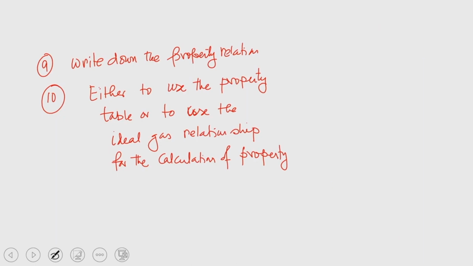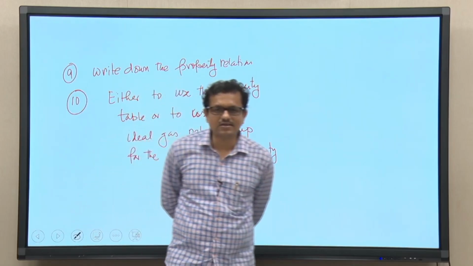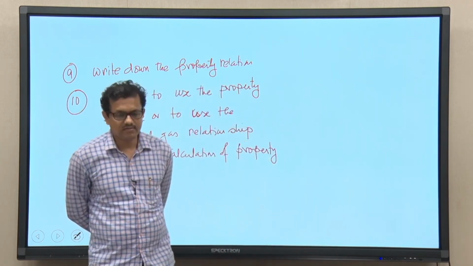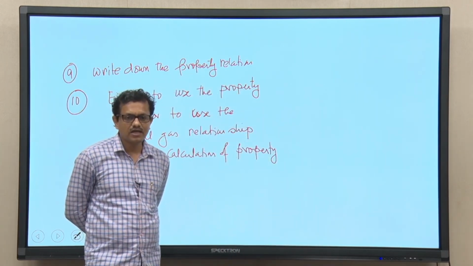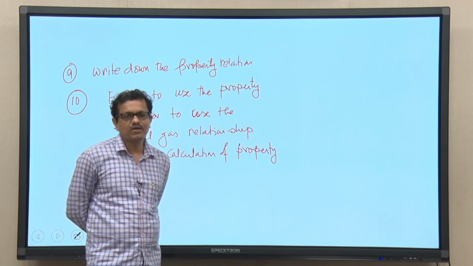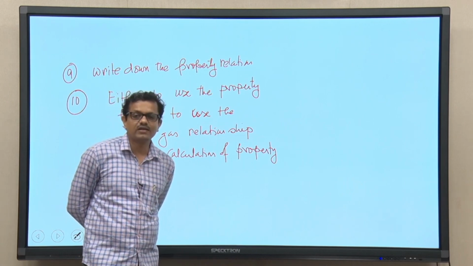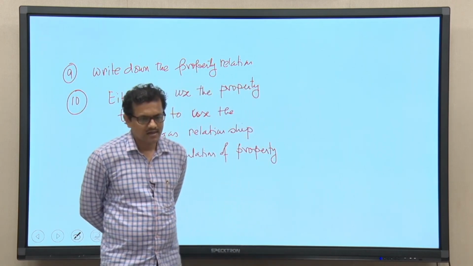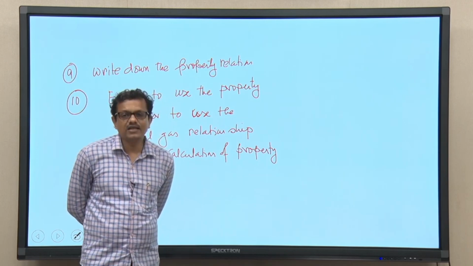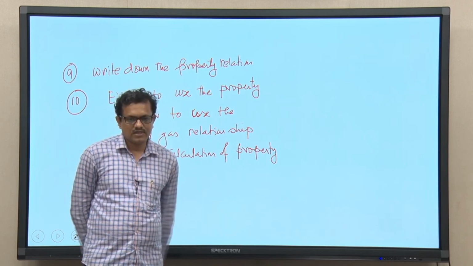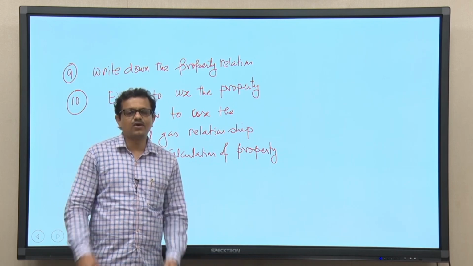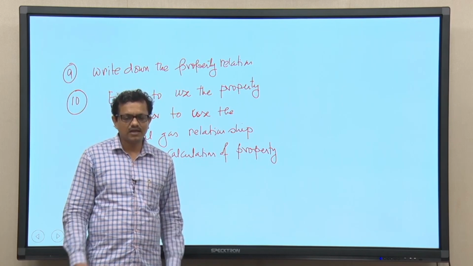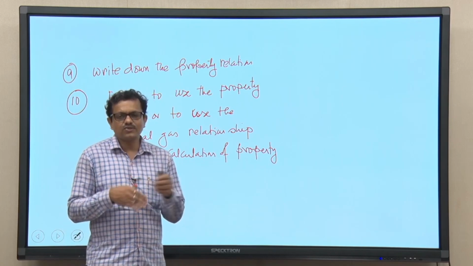Okay. So, that is why I have written so, because I could have directly started my discussion from the identification of several processes, but I have discussed this particular aspect only to make you understand that we can use property table, or we can use ideal gas equations to calculate properties, but it should not be random.